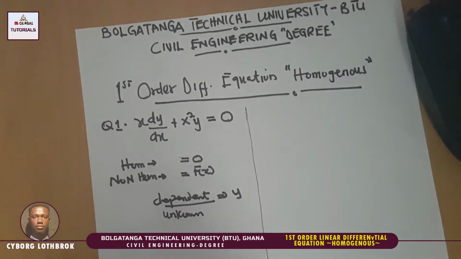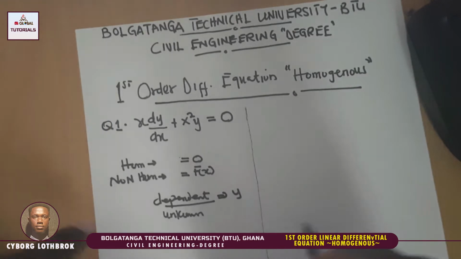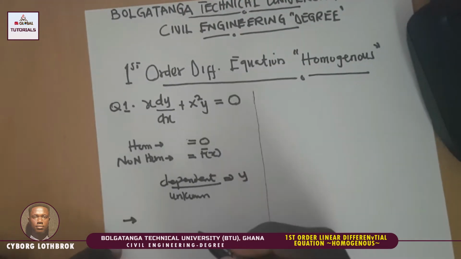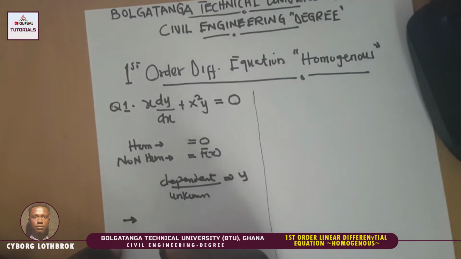Okay, so for this type of equation, to make it a very simple way, we follow two steps or two stages. For step 1, transform this equation to a standard form.